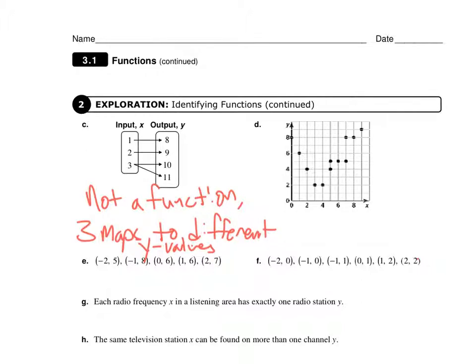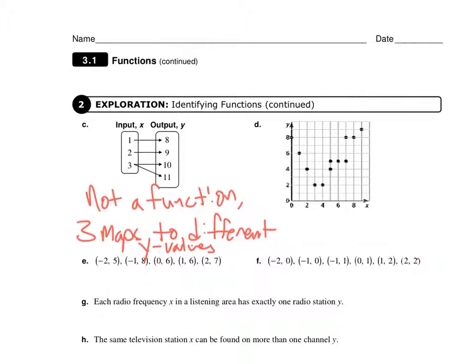Okay, how about here? Well, 0 goes to 8, 1 goes to 6, 2 goes, that's fine. Okay, 3 goes to 2, 4 goes to 2. It's okay that they both go to 2 as long as 3 only goes to one place. 4 goes to one place, that's all good, but look at 5. 5 goes to 4 in this dot, and 5 goes to 5.